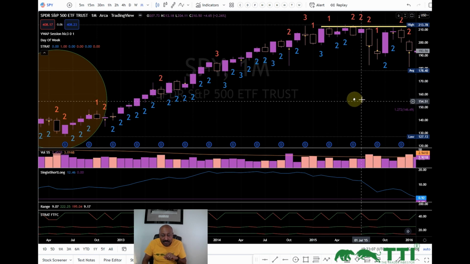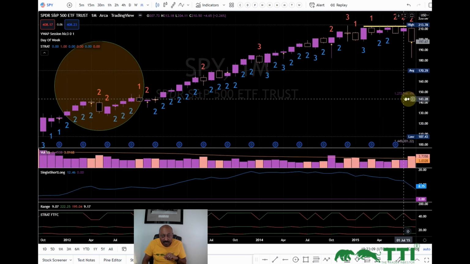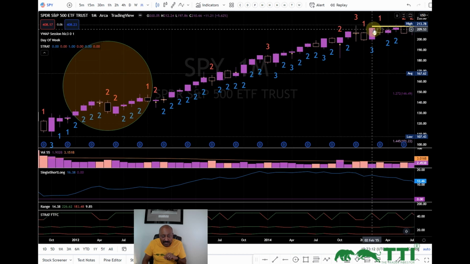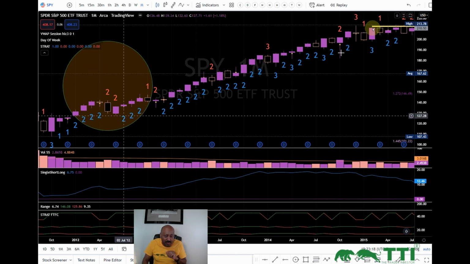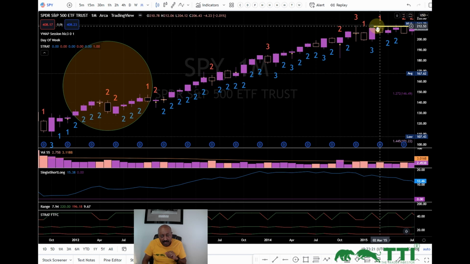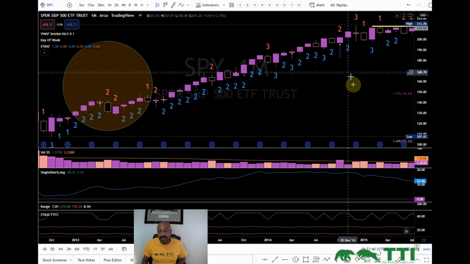If the person had entered this month, February 2015, 203, oh, price has come all the way from here to here, I'm about to miss out, let me enter a trade. And when you have a trade, you have an entry and an exit. If it goes against you, you have a stop loss. If it goes in your favor, you have an exit. If you don't have an exit, then that's risk management that we have to also discuss down the road.